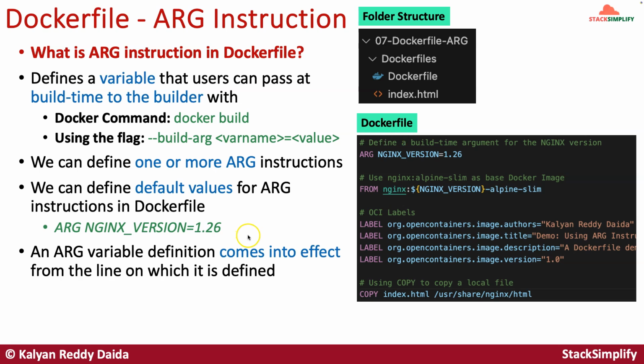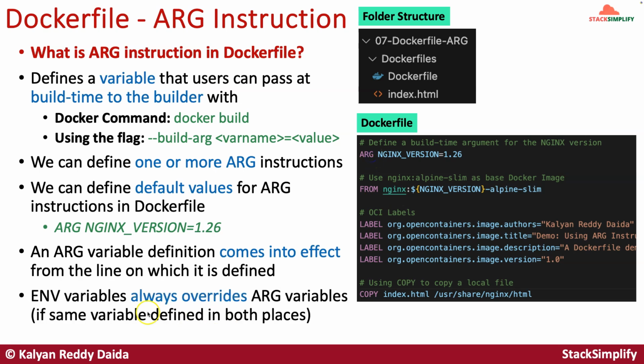Another important thing to remember about the ARG instruction in combination with the ENV instruction is, if you have defined ENV and ARG both with the same variable name, the ENV variable value whatever you have defined will always override the argument value.